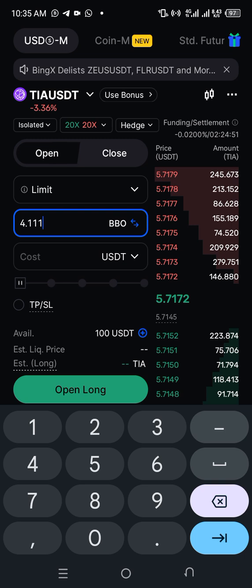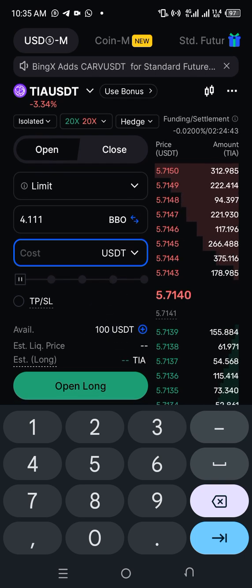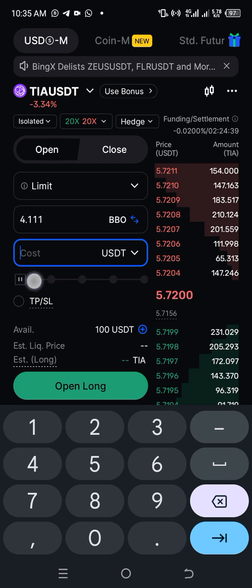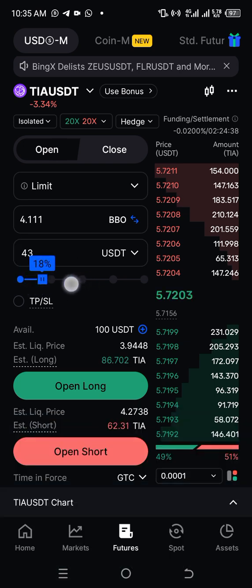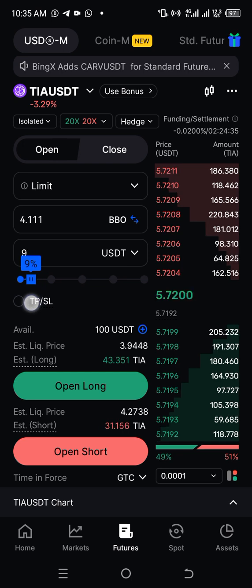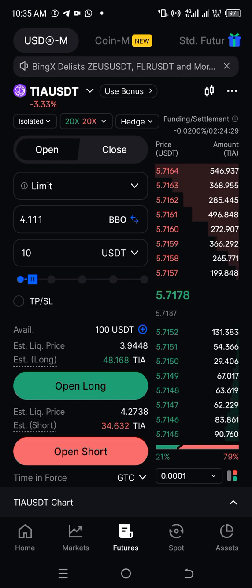Now, how much do we want to risk? That is what this is saying: how much do we want to risk out of this 100%? You can either type it here, but I prefer to use this drag. So I'm going to set it at 10, which means I want to use 10% of $100.